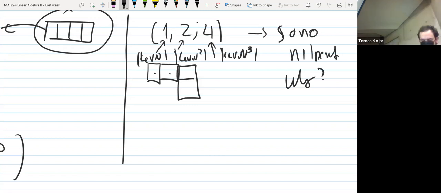Yeah, what do you think? Why is it not valid? Yeah, go ahead. So they're not equal. And then why is it the image?